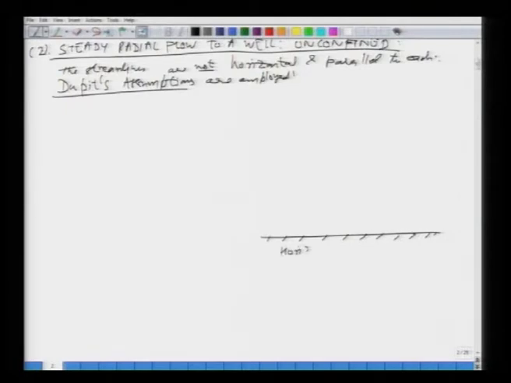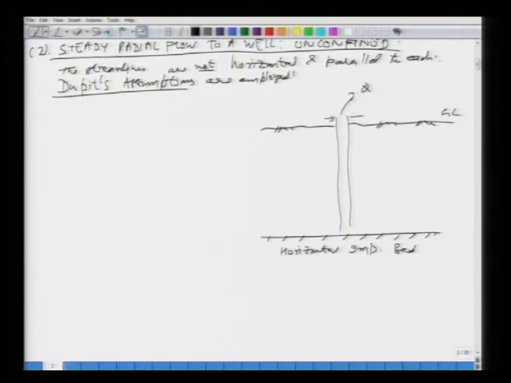So, you have the horizontal impervious bed as usual, okay, and then you have the well which is penetrating completely. This is your ground surface, okay. The discharge that is coming out from this well is Q. This is twice of RW.